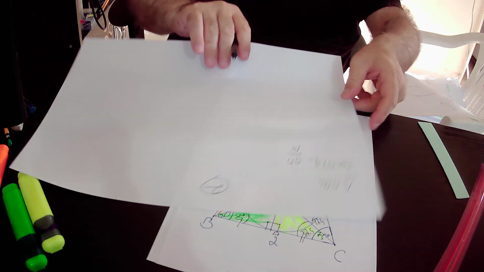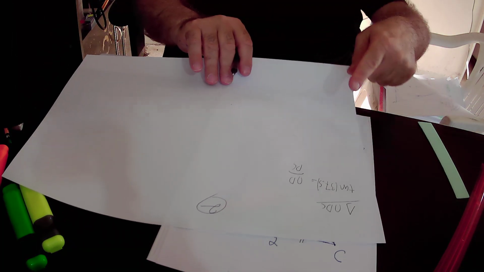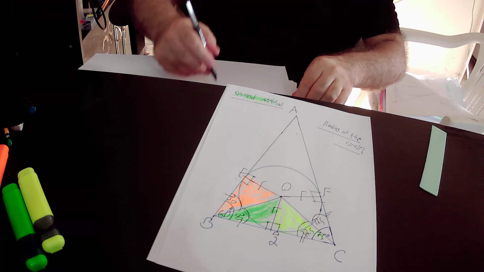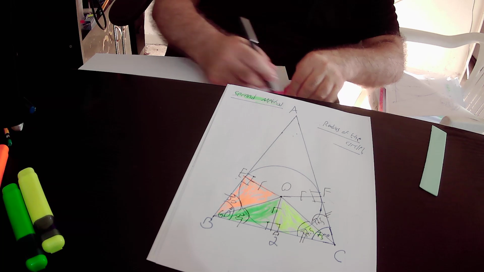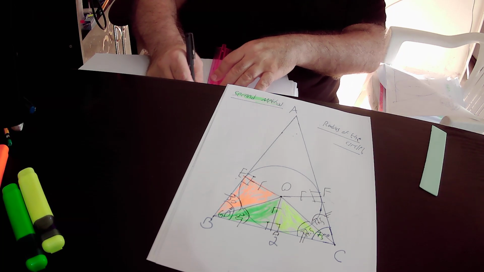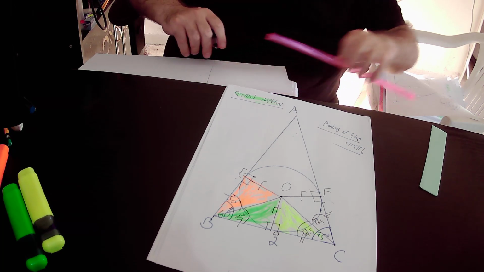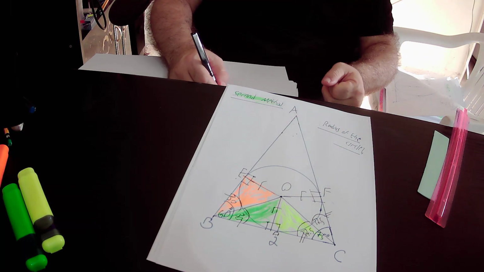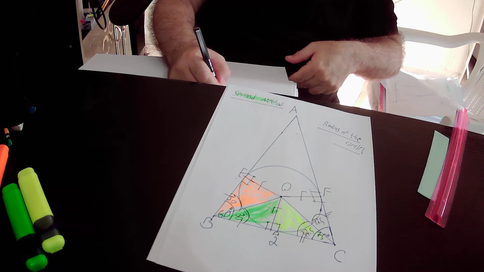Tangent 37.5 degrees equals OD over DC. OD equals R, so we substitute OD by R, so it is R over DC.